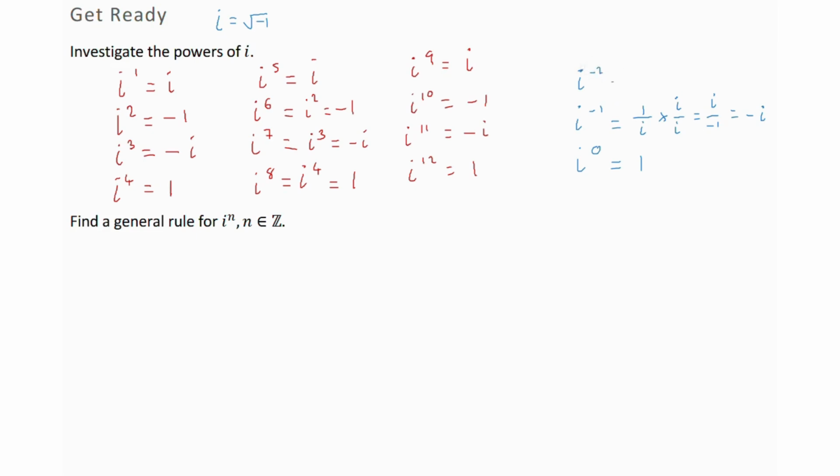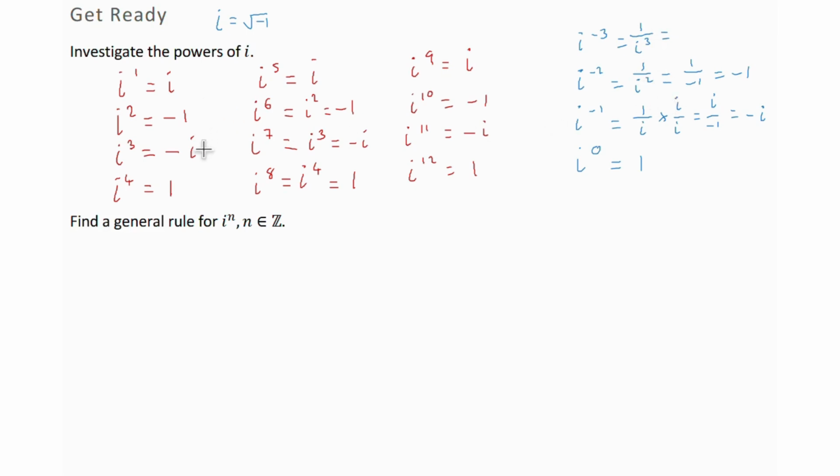Before that, we would have i to the minus 2. i to the minus 2 is 1 over i squared. But i squared we know is minus 1. So this is 1 over minus 1, which is minus 1. And i to the minus 3. A few ways we could think about this, but the easiest way is to think of it as 1 over i cubed.